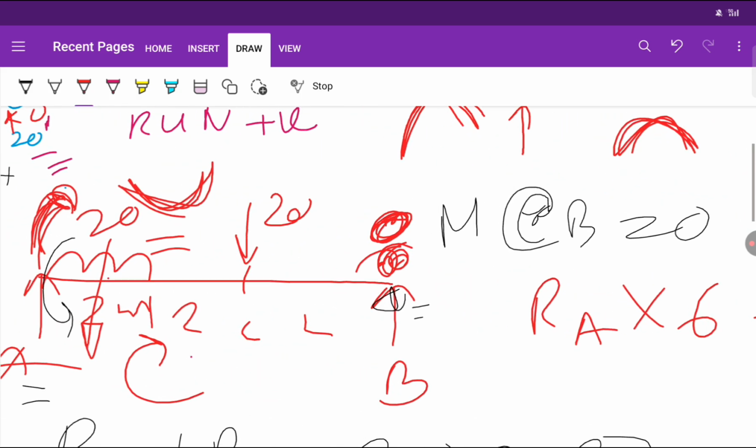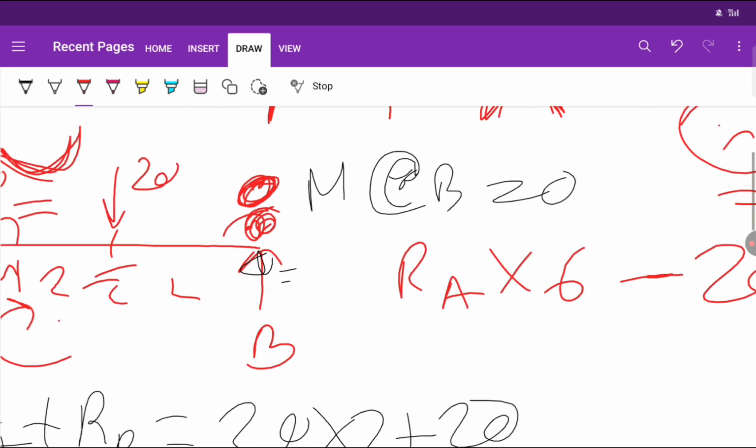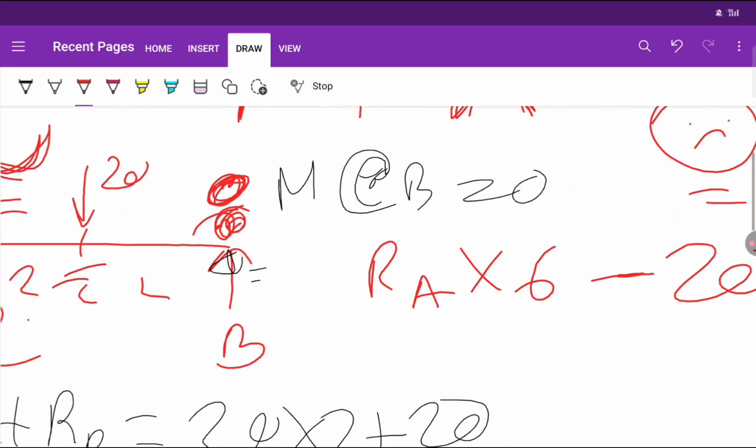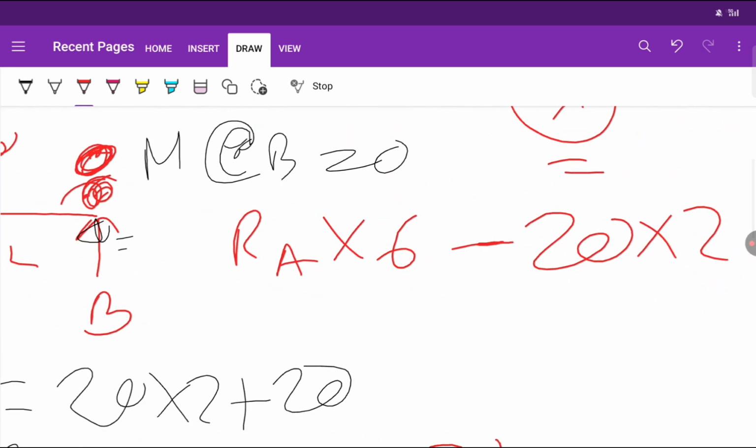So here negative 20 into how much distance? 20 into 2 distance, okay? This is also vertically downward, so it will be negative because it will give an anti-clockwise or hogging moment. So 20 into 2, how much distance?